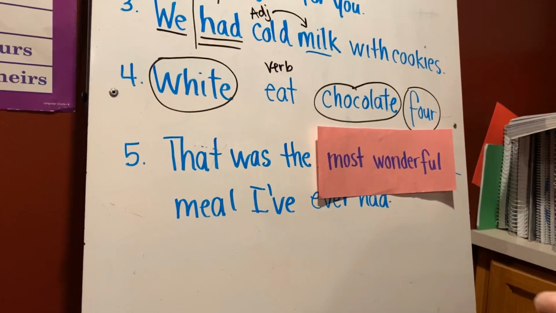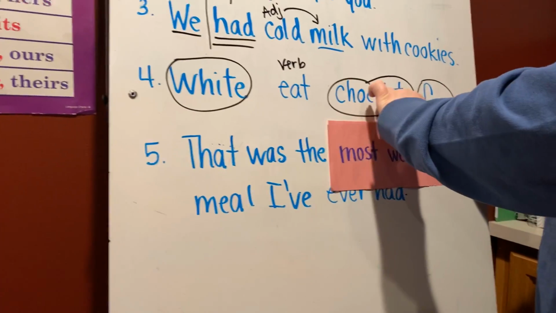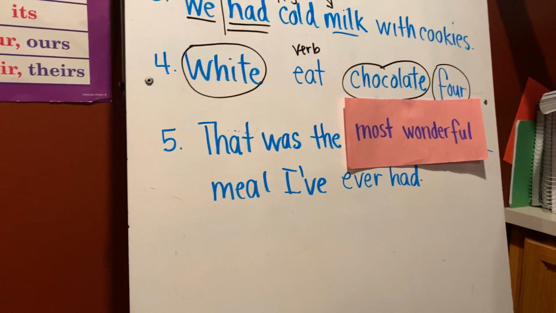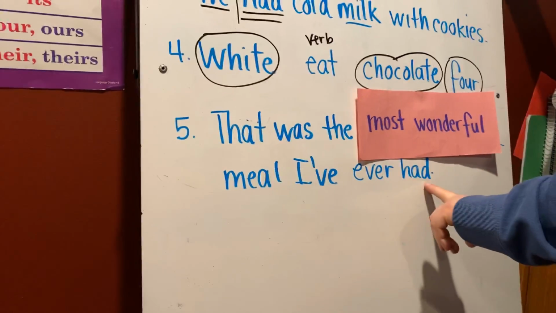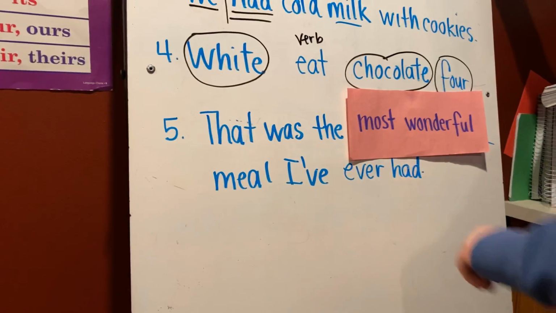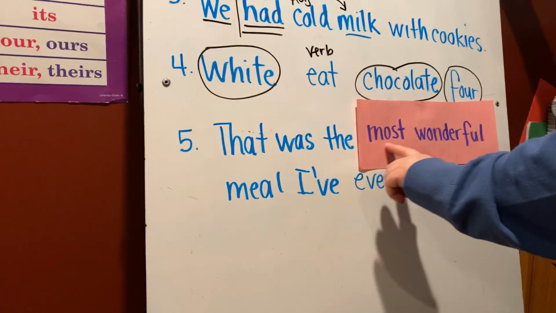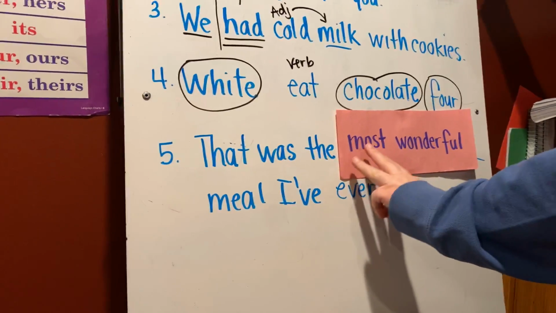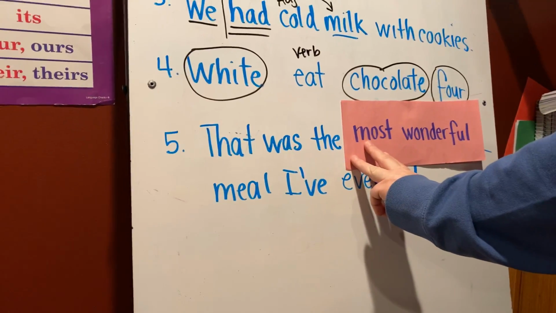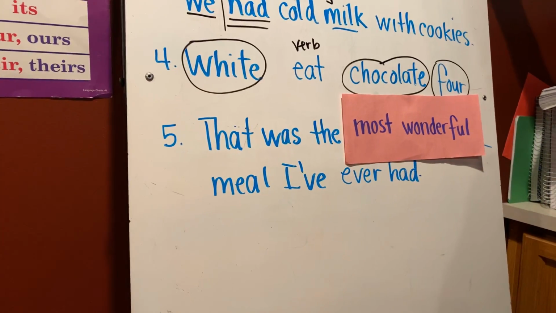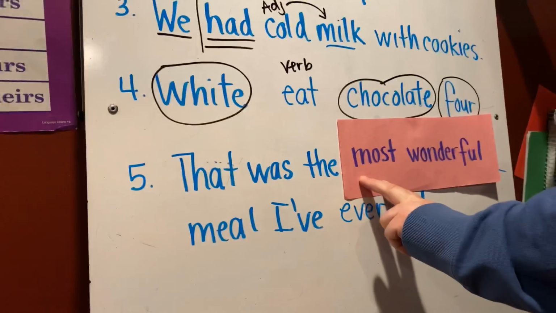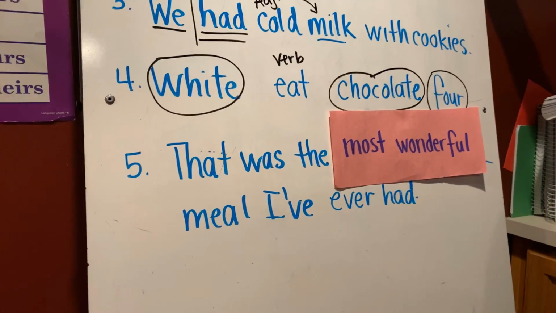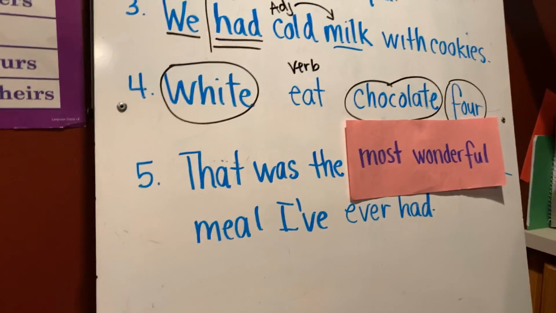Now, go ahead and write that. Let me move this up so you can see the whole sentence. That was the most wonderful meal I've ever had. I said eaten first, didn't I? Ever had. When do we use most? We use most when we're talking about 3 or more things. We use more when we're comparing 2. Most is 3 or more. That was the most wonderful meal I've ever had.